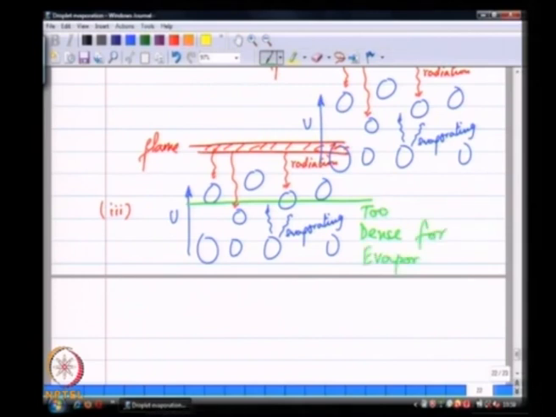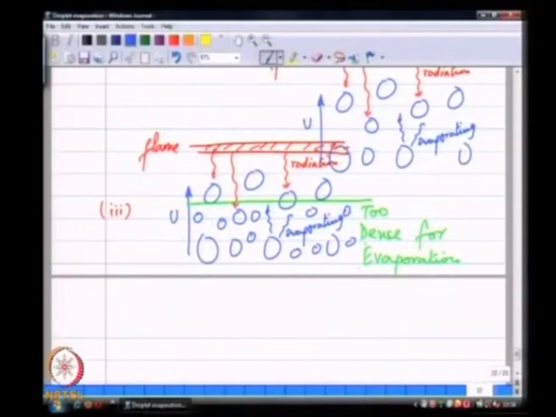So, this region is where I have a very high number concentration of droplets, to the point where the droplet spacing is less than r sub h, the distance required to avoid interference effects between droplets.